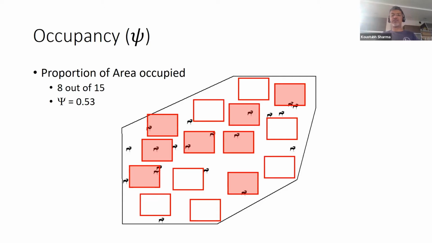So in this case, 53% of the total sampling units are occupied. Alternately, you can explain it as the probability with which each of these 15 grids will be occupied by the species of your interest. Both mean more or less the same thing.